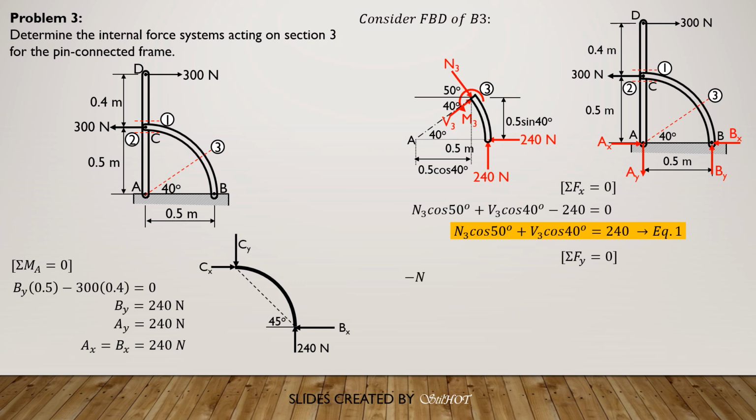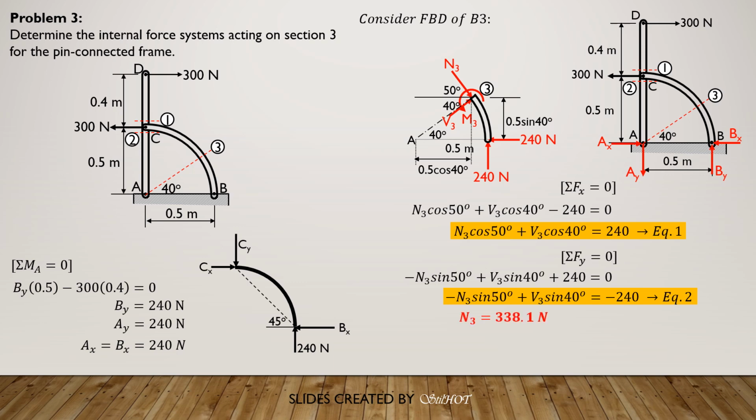So we have negative N3 sine 50 plus V3 sine 40 plus 240 equals 0. Then simplifying, negative N3 sine 50 plus V3 sine 40 equals negative 240. Equation 2. So solving these two equations simultaneously, we get N3 equals 338.1 newtons positive, so the assumed direction is correct.